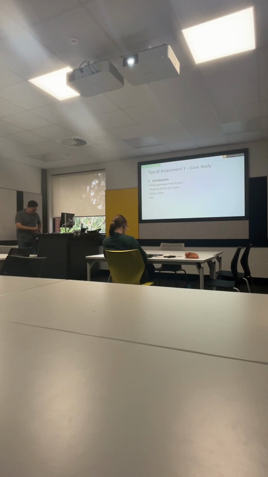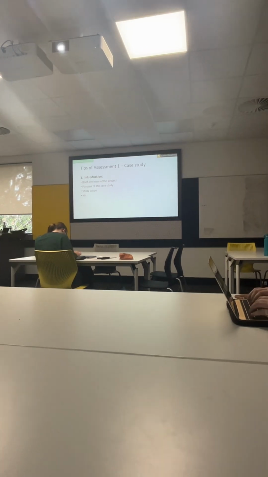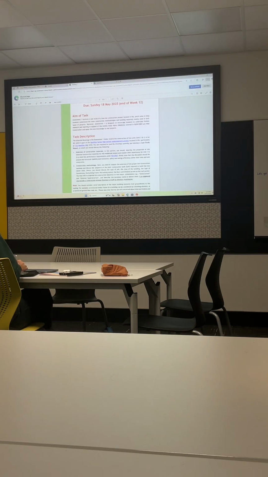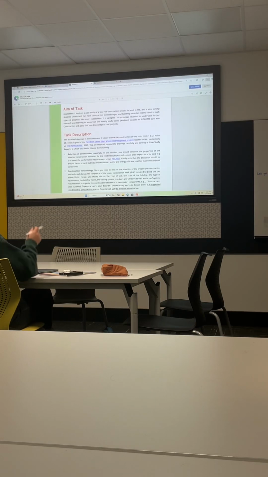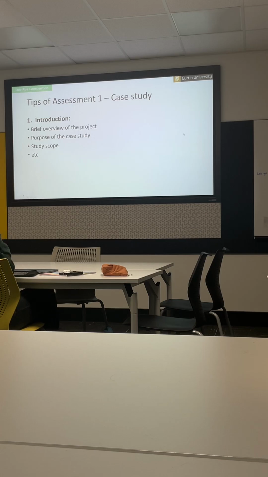In this section, you need to briefly overview the project. This project is located in Hamilton Street, Hamilton Hill. So you might be able to find the information of the project. Give a brief overview of the project, then followed by the purpose of the case study.